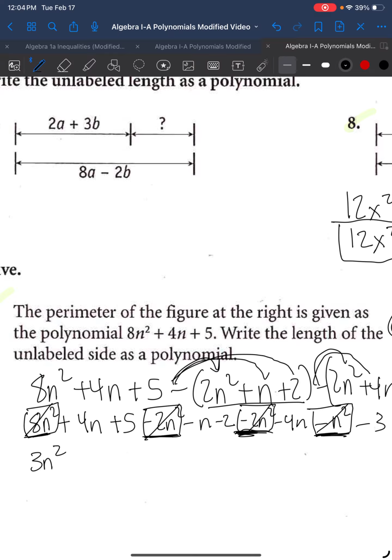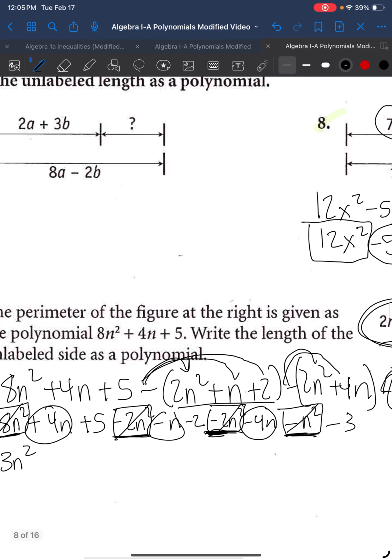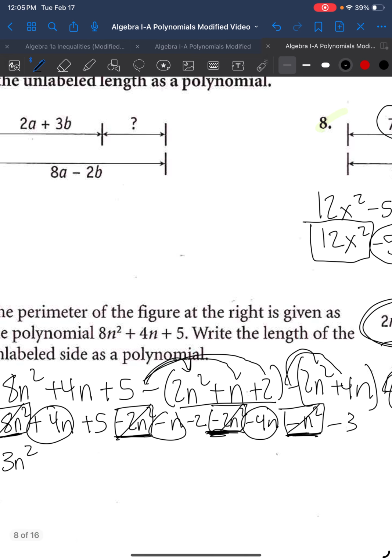Now I've got to do the n's. So plus 4n minus n minus 4n. So 4n minus n would be 3n, minus another 4n would be negative 1n, which is the same as just minus n. Those are done.